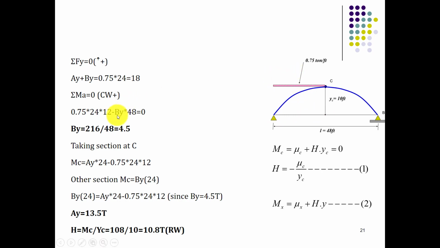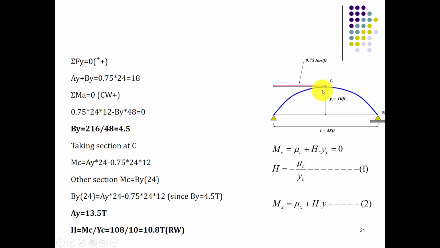So it is making a clockwise moment. On the other hand, you have BY, which is making a counterclockwise moment. In this case we have taken the clockwise moment as positive, so BY into 48 would be taken as negative. So the BY value comes up as 4.5 tons.